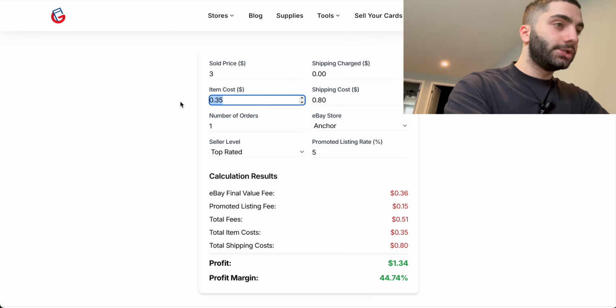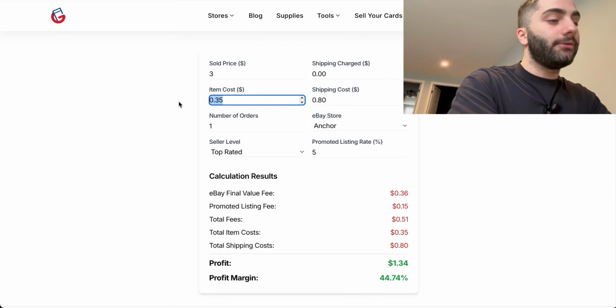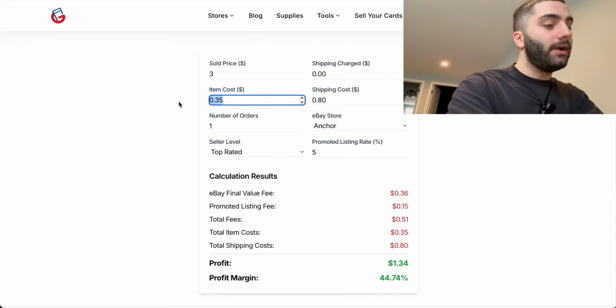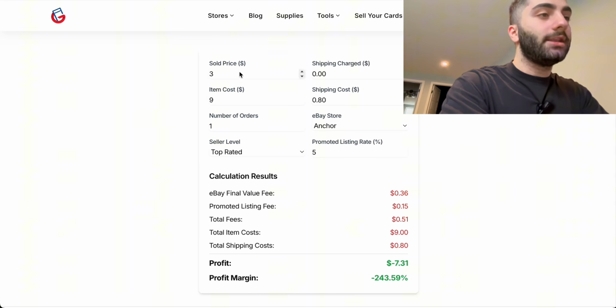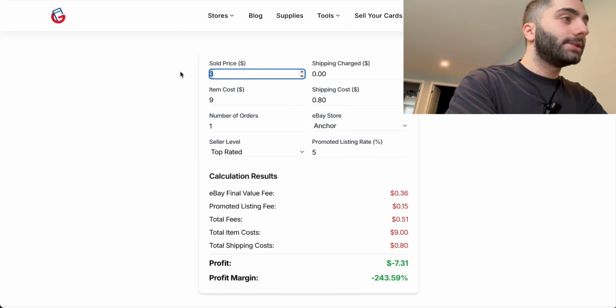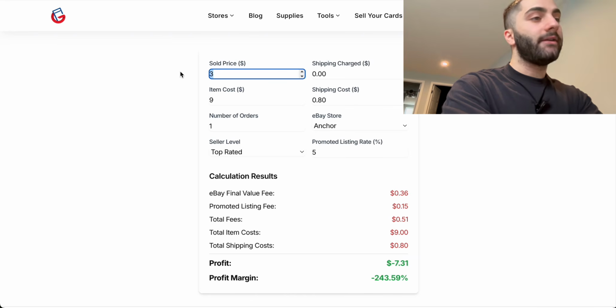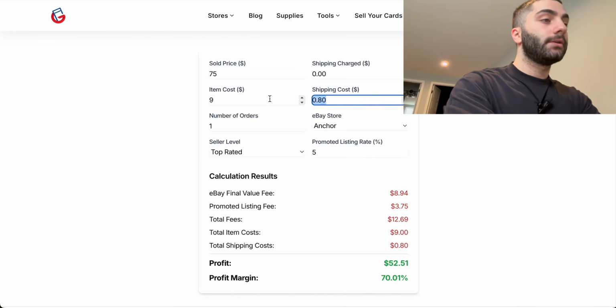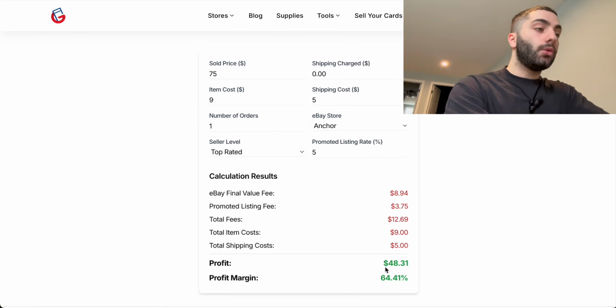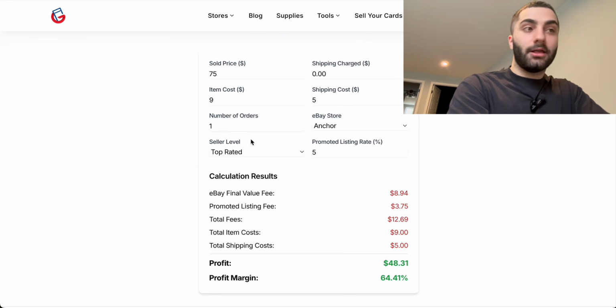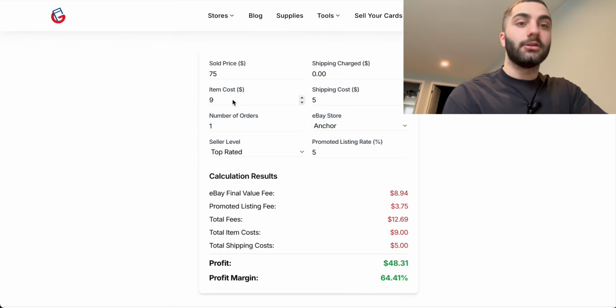So let's do the math right here. 25 times 0.35, let's just say it's like $9. I don't know the exact number, but I'm pretty sure it's around there. 25 times 3, $75. Shipping cost was like $5. So just on that one order, I made $48 of profit on $9.